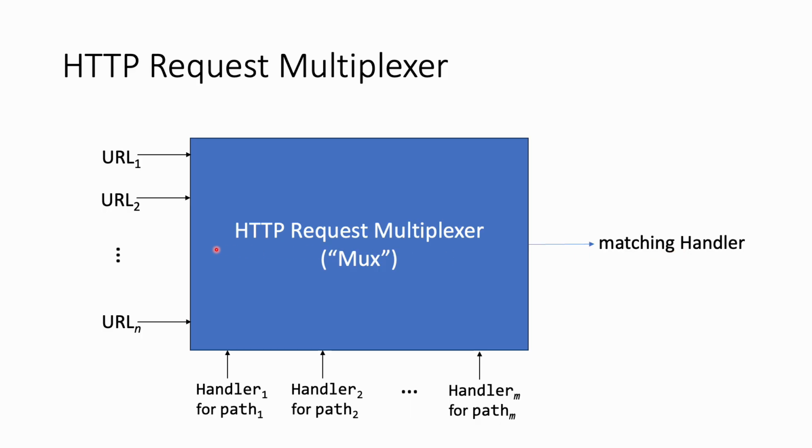The primary role of a multiplexer is to match the URL path of an incoming request against a predefined set of patterns. When a match is found, it determines which specific handler or piece of code should process that request. It will also invoke the matching handler.